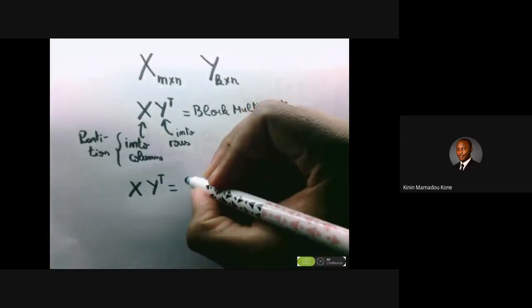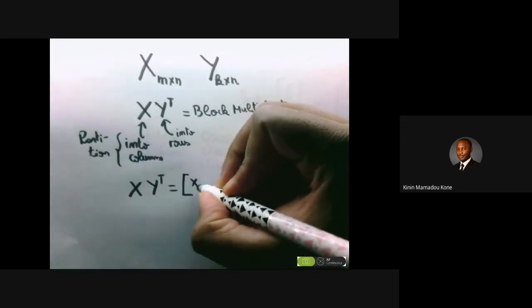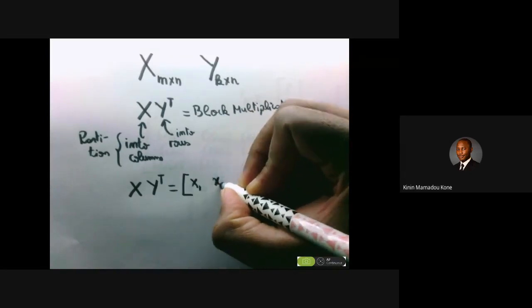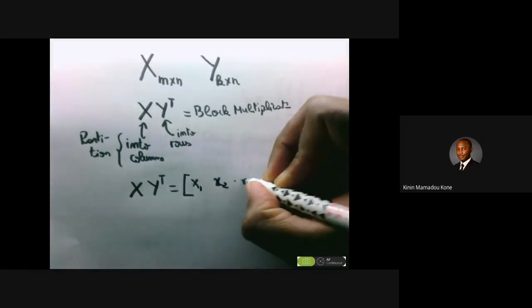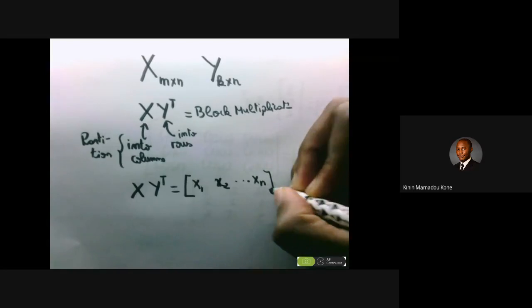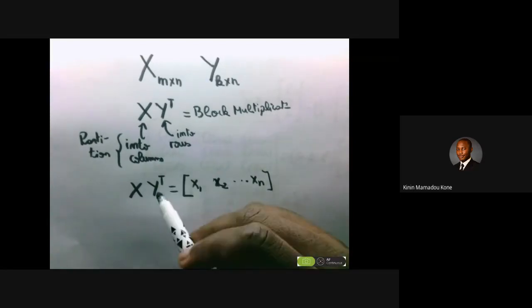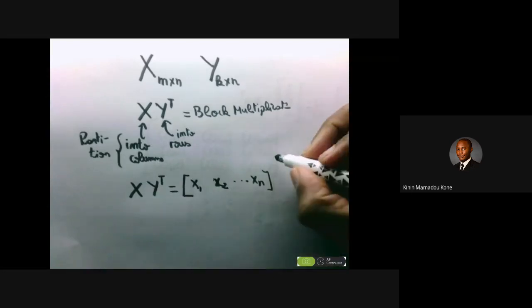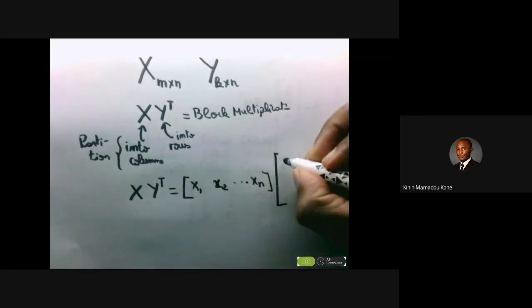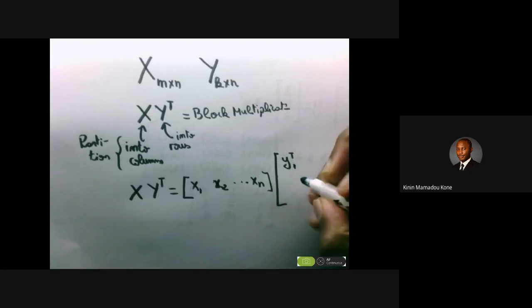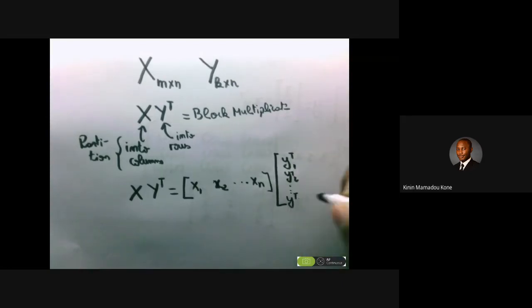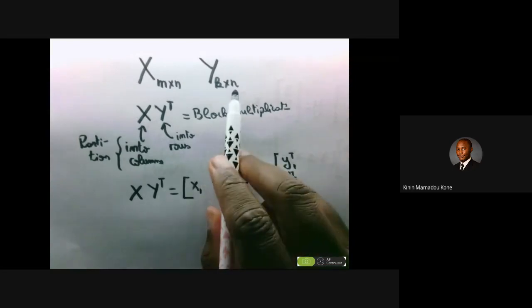So if you decide to do so, you'll have X1, X2, dot dot dot, Xn. So you decide to divide the columns of X into partitions. Now, if you also want to do the same thing for the matrix Y, you have Y transpose 1, Y transpose 2, dot dot dot, Y transpose N. We had N here.